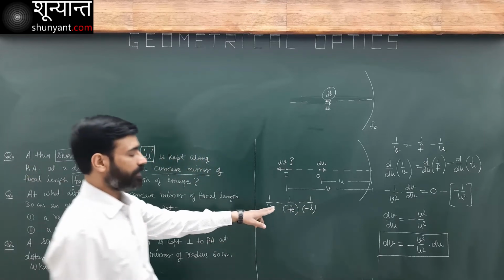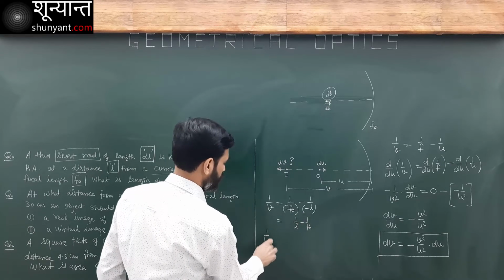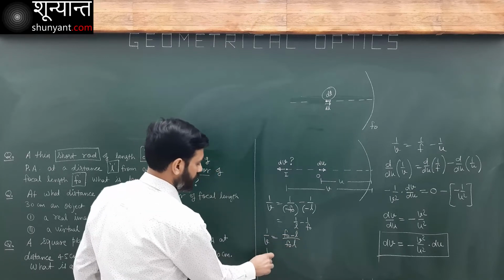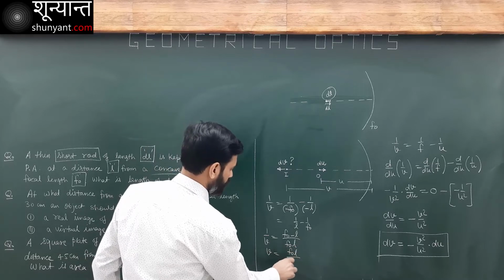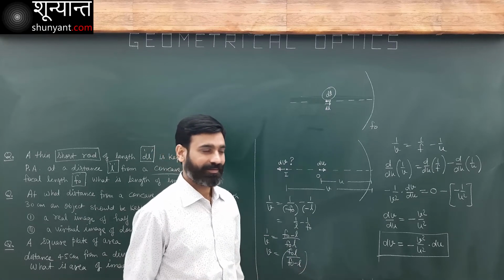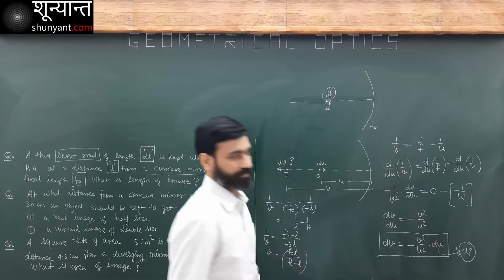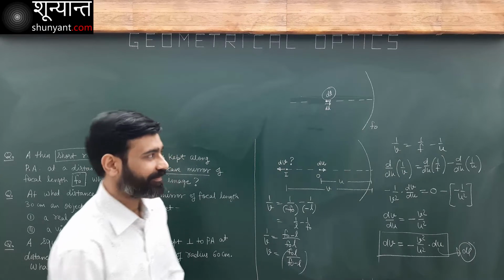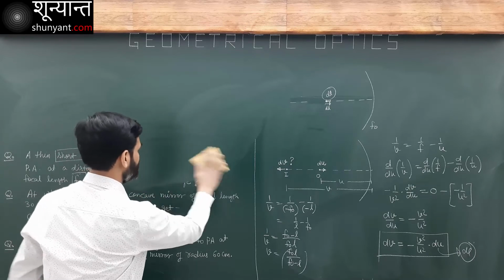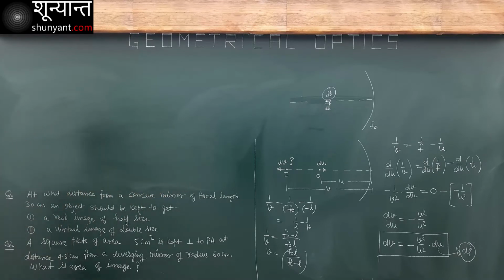So from here this will be equal to 1 over L minus 1 over F naught. 1 over V is going to be equal to F naught minus L over F naught L. So V is F naught L over F naught minus L. I put this value here, and in place of du I replace it by dl, and that's it, we have the answer. The length of the image, you have it.